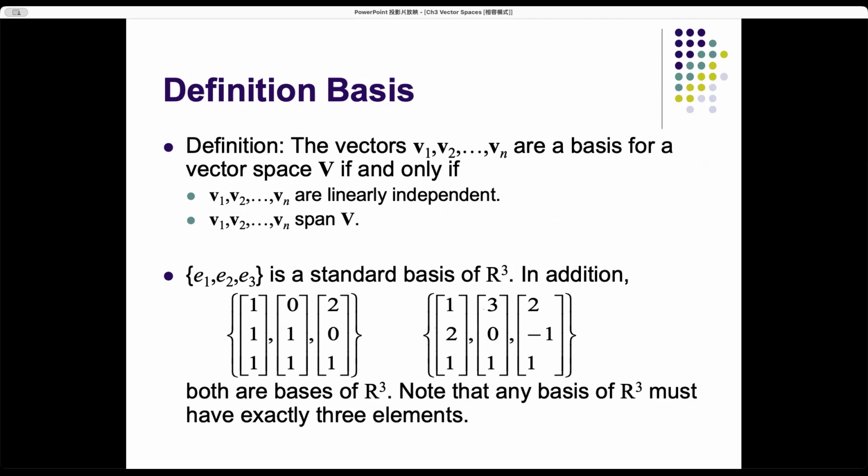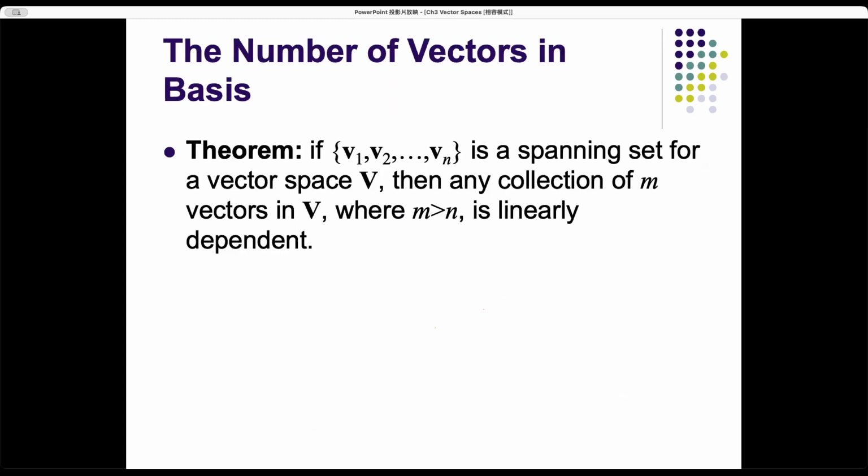The number of vectors in each of these bases is 3. Actually, this will be connected to the dimensionality, as we will talk about later on. But for now, let's finish other stuff first.